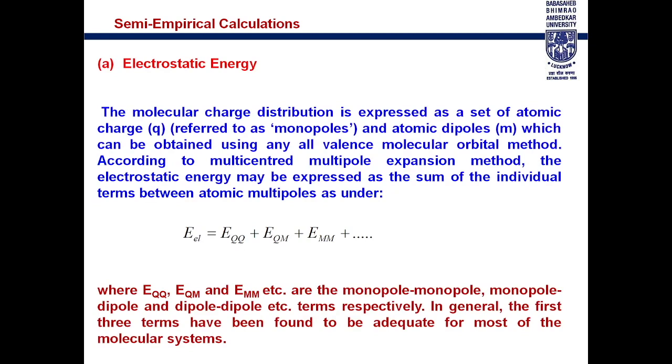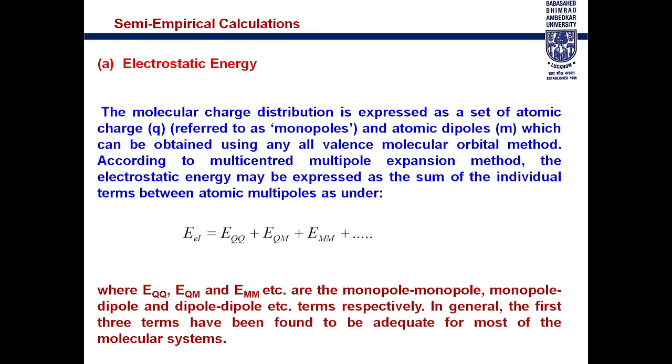Electrostatic energy. The molecular charge distribution is expressed as the set of atomic charges Q, referred to as monopoles, and the atomic dipoles M, which can be obtained by using any all-valence molecular orbital method.